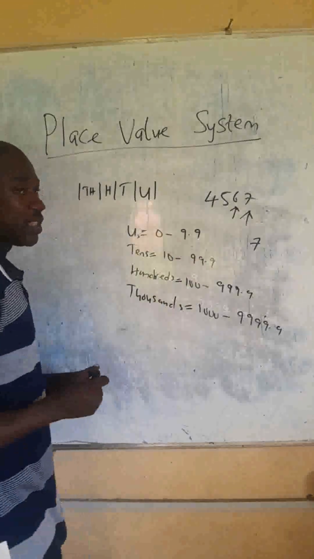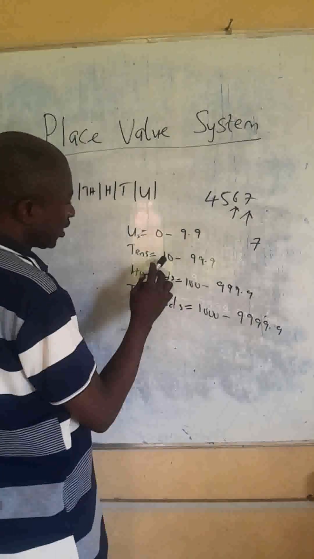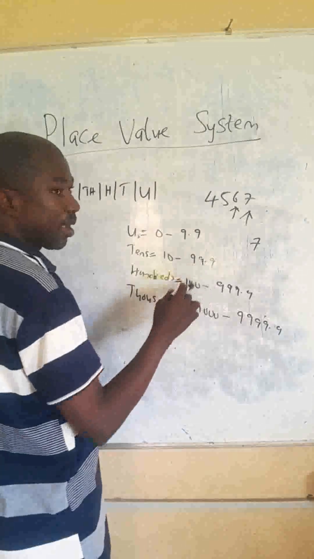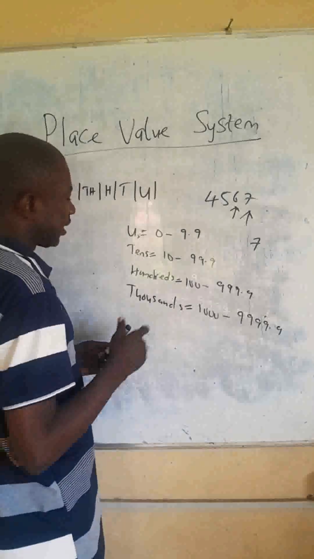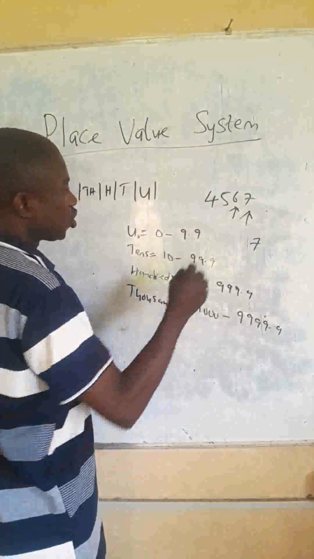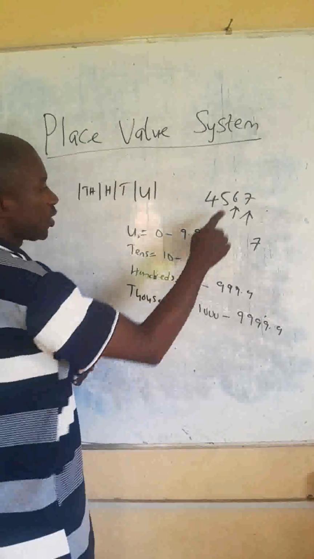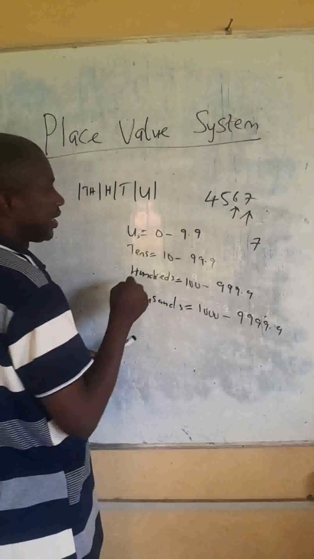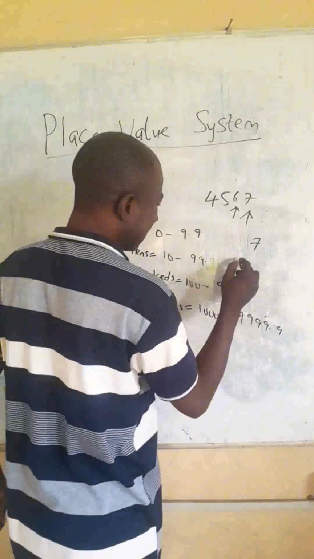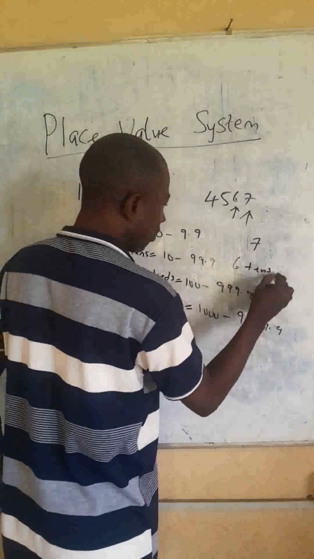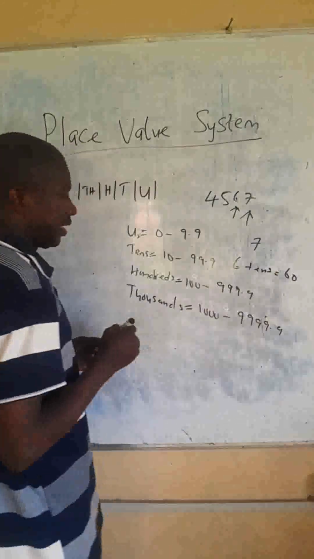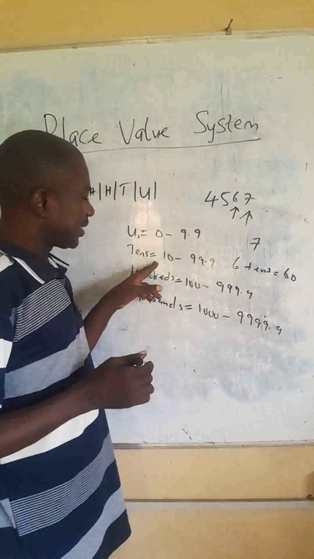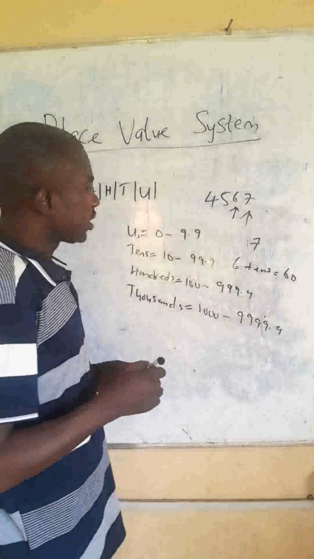Check where 6 is placed. 6 is placed under tens. So the value of this one is going to be 6 tens, which is equal to 60. So the value is equal to 60.